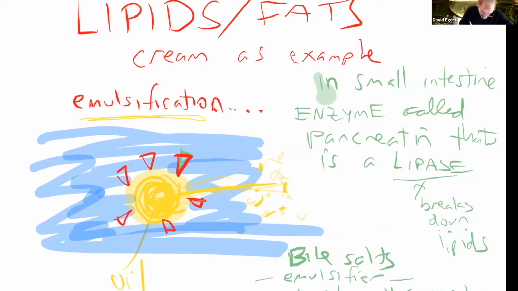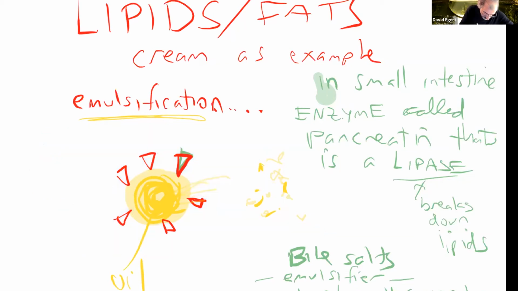So what happens is you basically shake this up into little droplets, and now the bile salts can get in. The non-polar side goes into the fat droplet, the polar side goes to the water.